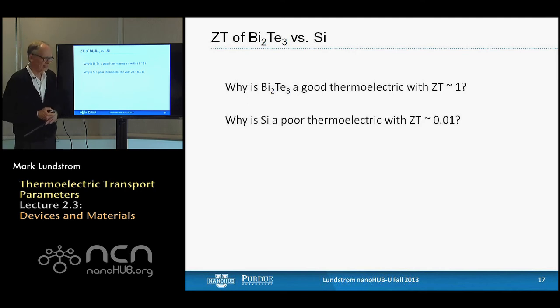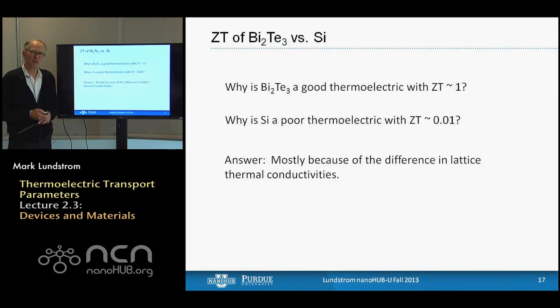Okay. Now, let's take a quick look at, just as an example, bismuth telluride versus silicon. Why is bismuth telluride a good thermoelectric with ZT about 1, and why is silicon a poor thermoelectric with a figure of merit that's about 100 times smaller? If you look at that, you'll find that the electrical parts are relatively similar, but the lattice thermal conductivities are much different.